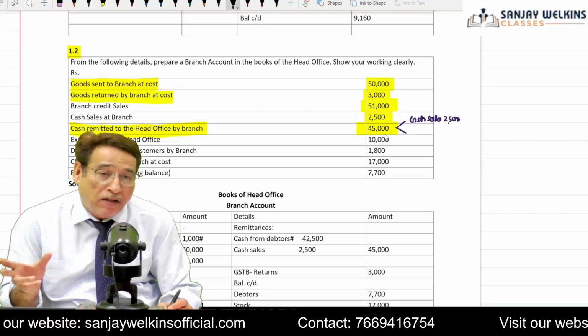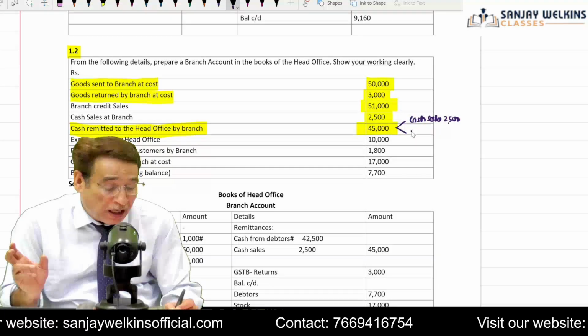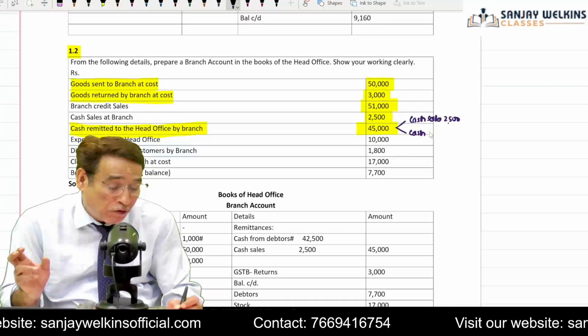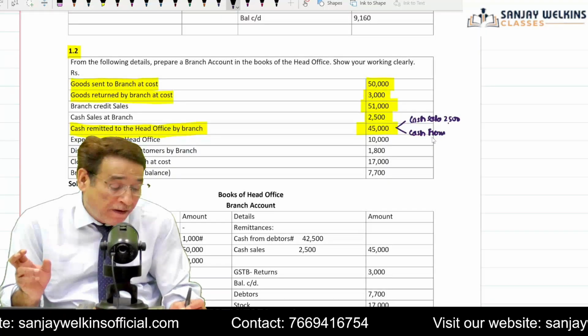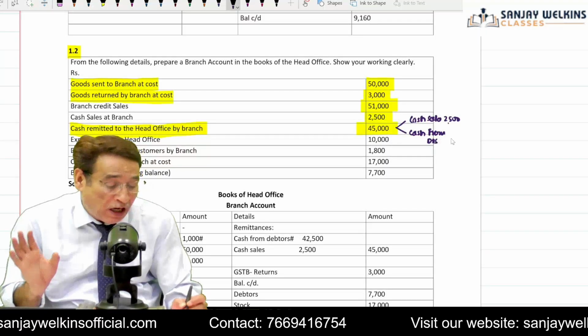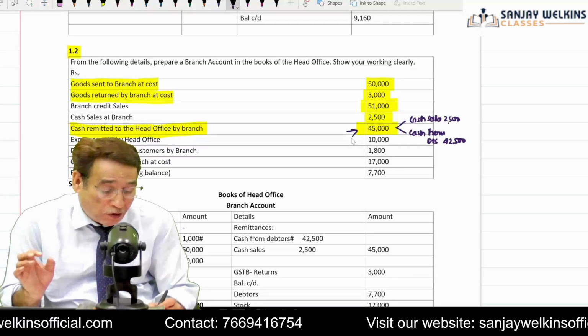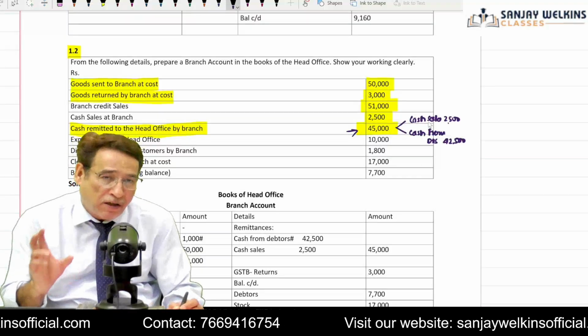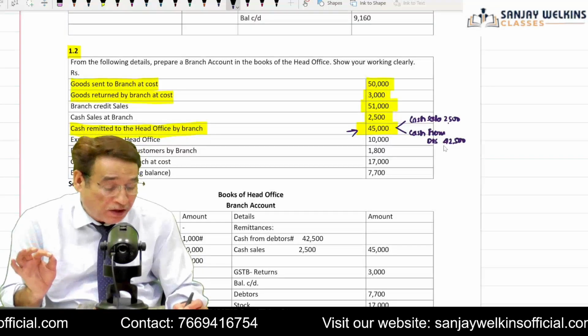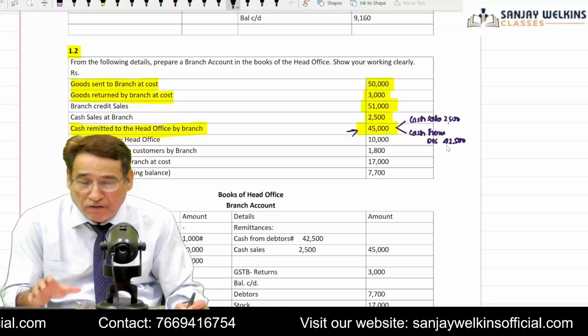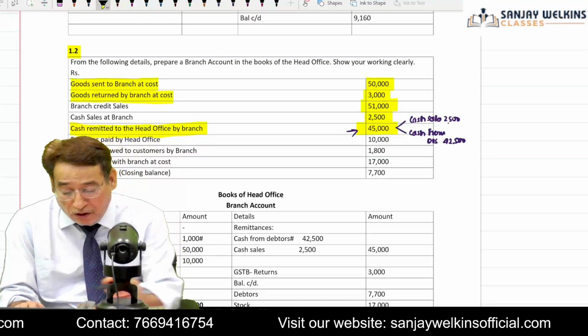And total remittances is equal to 45,000. So that means your cash from debtors must be equal to 42,500. So in this question, you can derive cash receipt from debtors 42,500. You will not write 45,000 directly. Rather, you will write under remittances cash sales 2,500 and cash receipt from debtors 42,500. Is it clear to you or not?